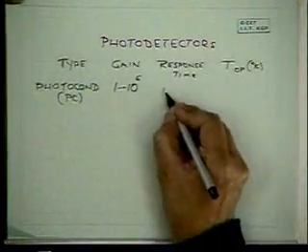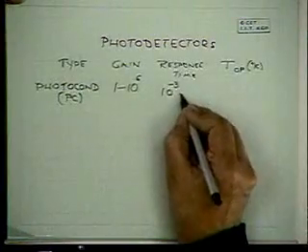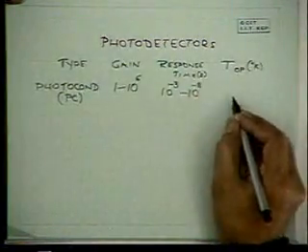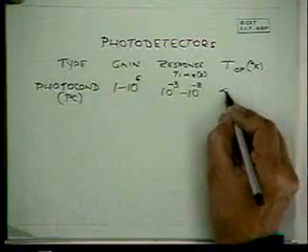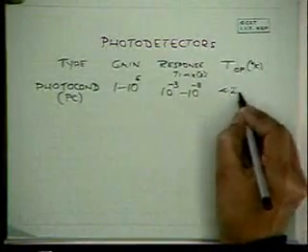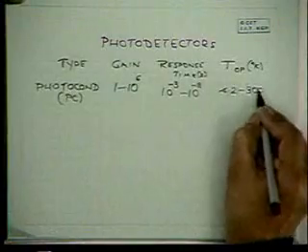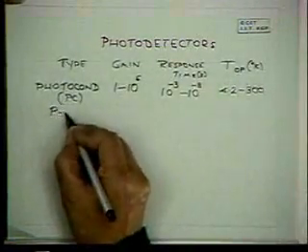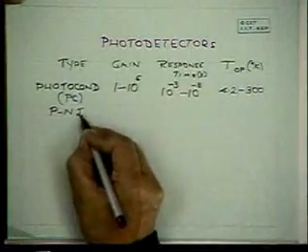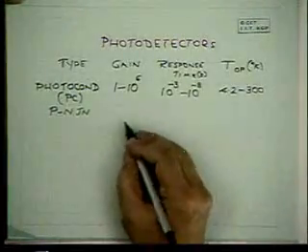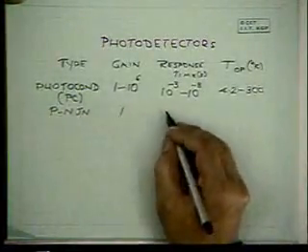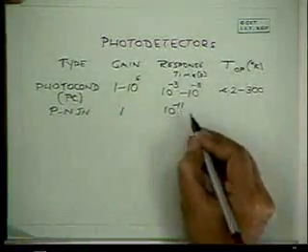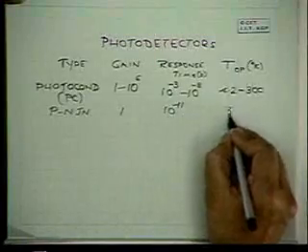The response time is not all that fast, 10 to the power minus 3 to 10 to the power minus 8 seconds. And the operating temperature could be from 4.2, that's liquid helium temperature, to 300 K. PN junctions are the simple type of photovoltaic detectors. We have no gain. Response time can be very fast, 10 to the power minus 11, and they operate at 300 K.